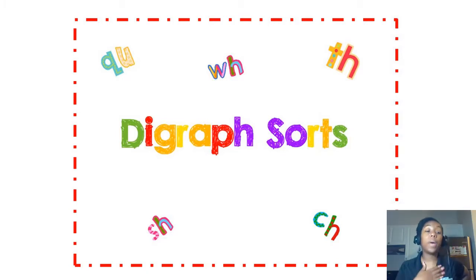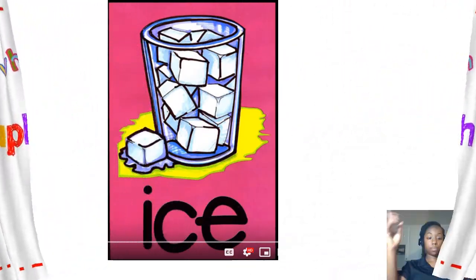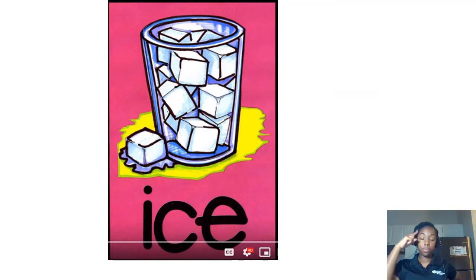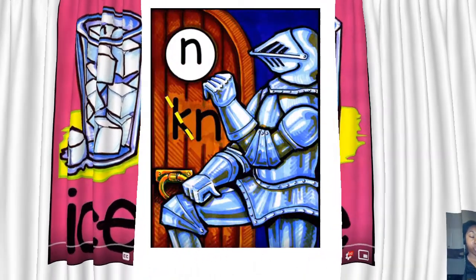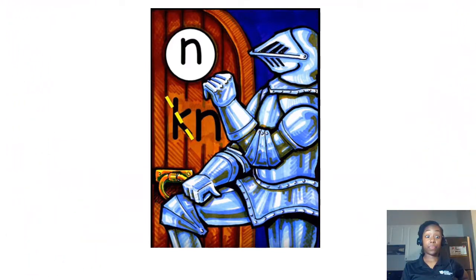Digraph. Wait for the snap. If you said S, give yourself a point. If you said give yourself a point.